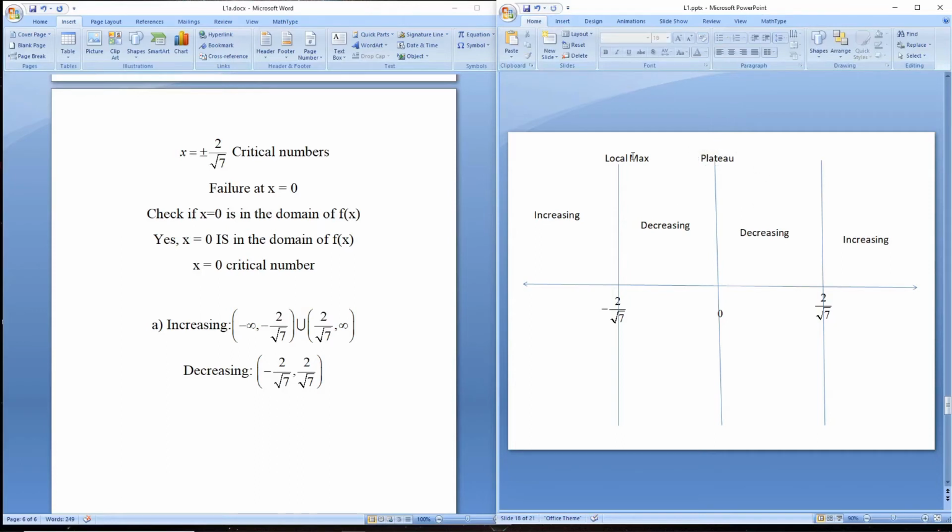So you only get extrema if you turn. Remember, these are turning points. Increasing to decreasing, the function turned its direction. Decreasing to decreasing means it didn't turn. And we have a plateau. And then finally we have decreasing to increasing. So you decrease to a minimum.